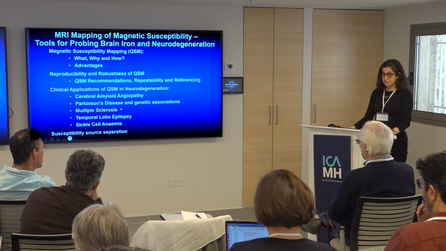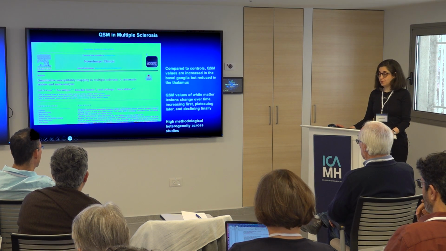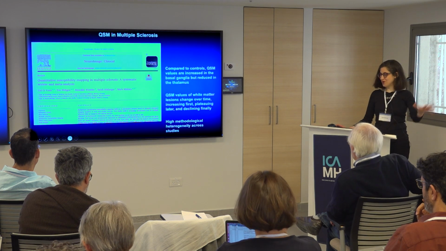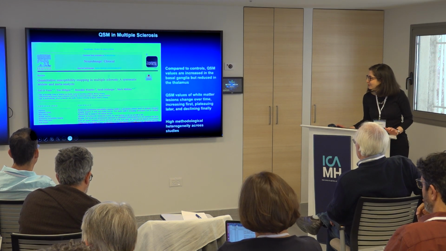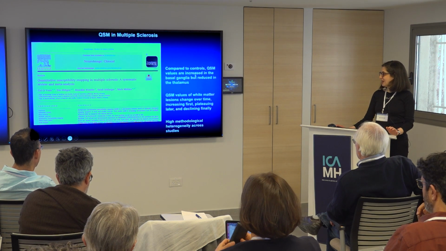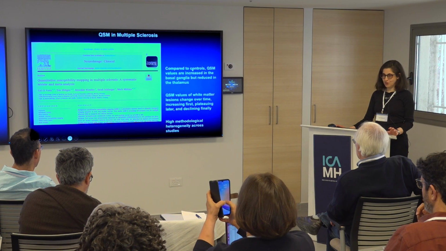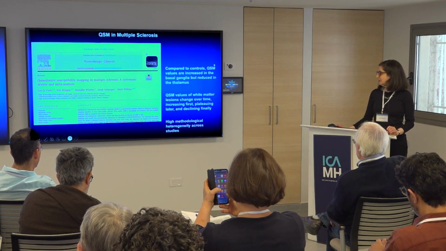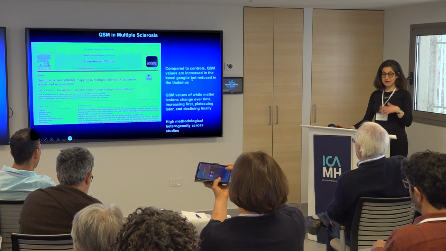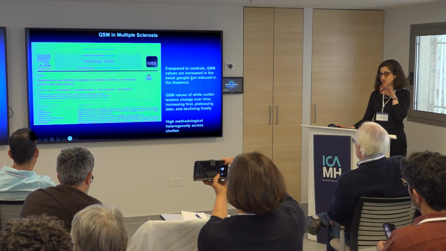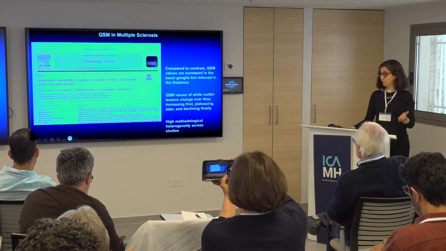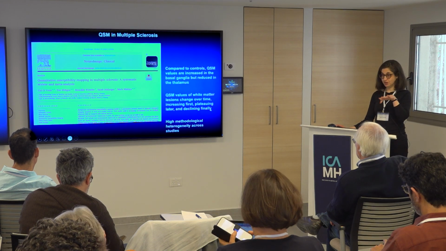Looking briefly at multiple sclerosis, there's been a huge body of work on QSM in MS, so I'm not going to review it all. There's a very nice review that came out in 2024, and they've got some main findings: compared to controls, QSM values are increased in the basal ganglia, so deep brain grey matter, but reduced in the thalamus. The susceptibility values in white matter lesions change over time.